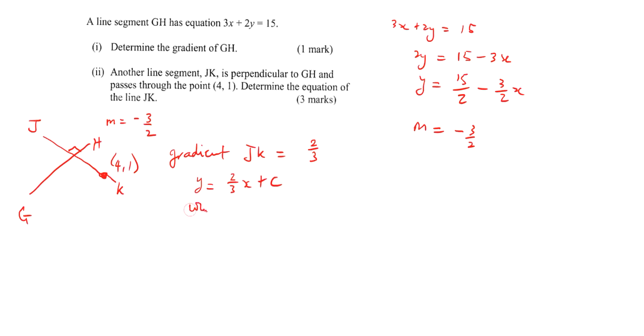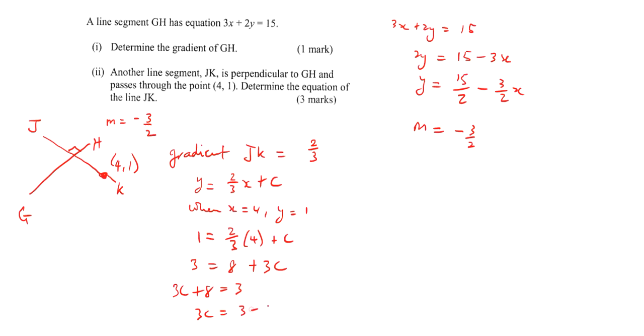And we know that when x equal 4, y is equal to 1. Right? And 1 is equal to 2 over 3 times 4 plus c. You can multiply everything by 3. So we have 3 is equal to 8 plus 3c. Let's put the 3c here: 3c plus 8 equal to 3. 3c is equal to 3 minus 8.